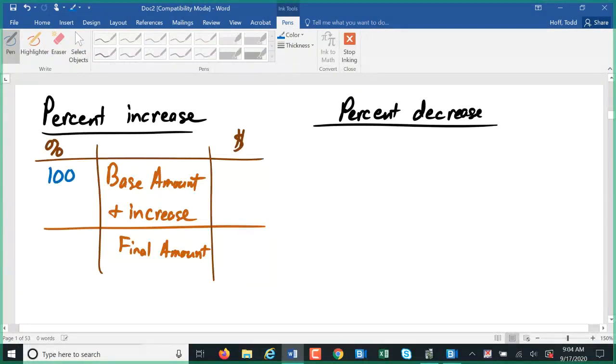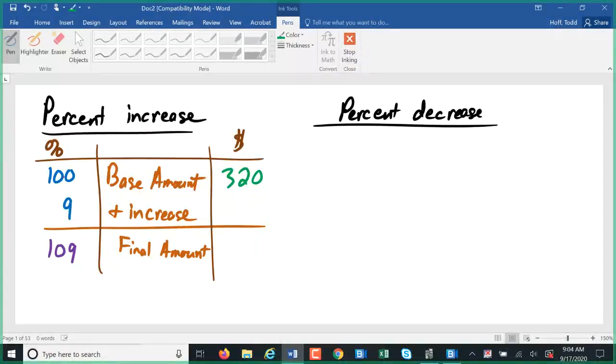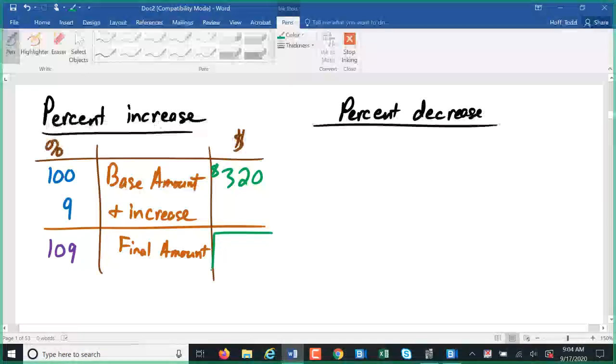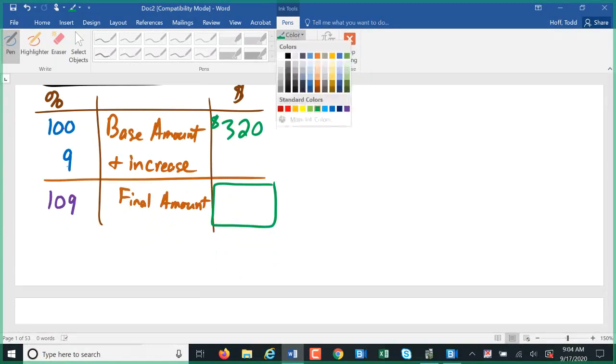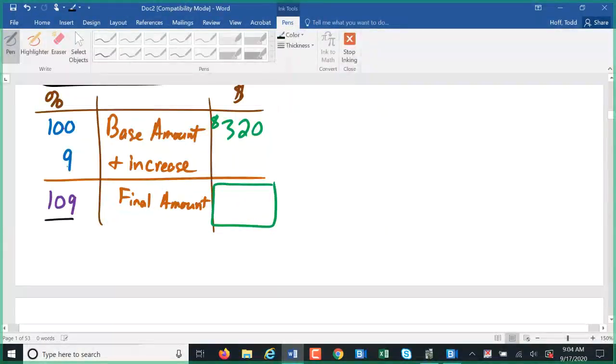So now in this last problem, there was an increase or a markup of 9%, which meant the final amount was actually 100 plus 9, or 109%. So since we knew the base amount, or what Sam had paid for that material, was $320, and what we were looking for was that final amount charged to the customer, we could have skipped over the 9% and actually just used 109%. 109 out of 100 equals blank over 320.